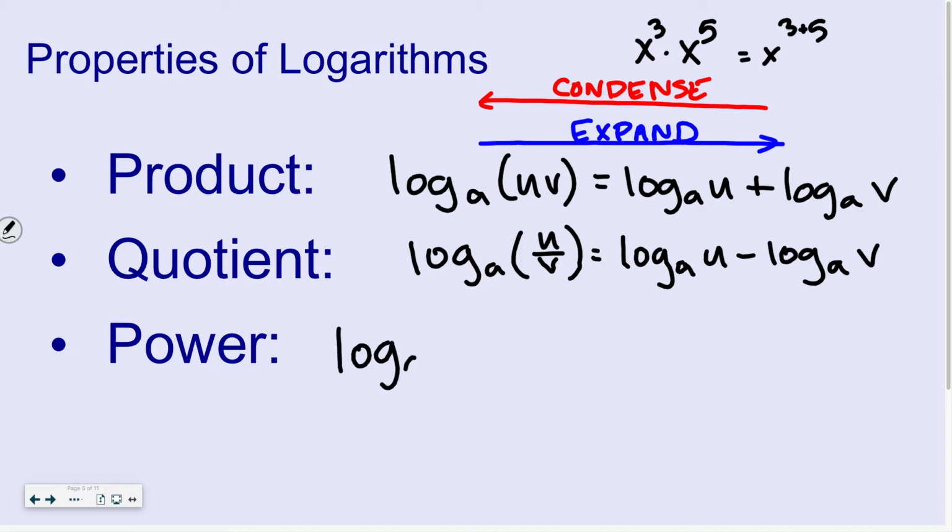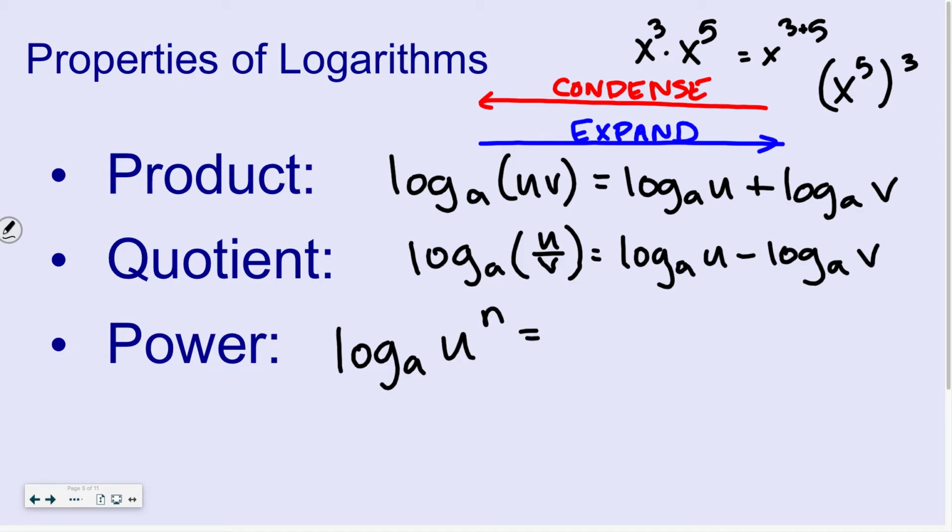And the last one is the power property. That's log base A of u to the n, is what your book uses. And this is the power of a power property. So if you have something like x to the fifth, and then you raise it to the third, what do you do with those exponents? Multiply them. So what we're saying is, let's multiply our exponents here.